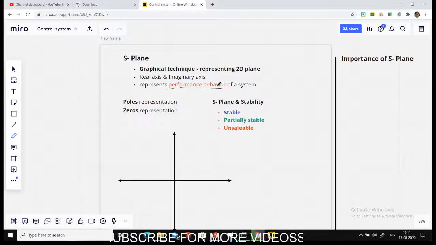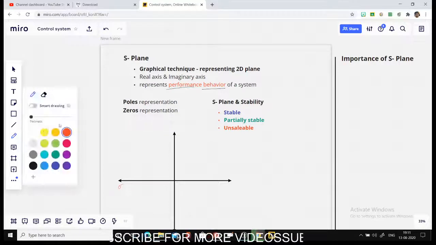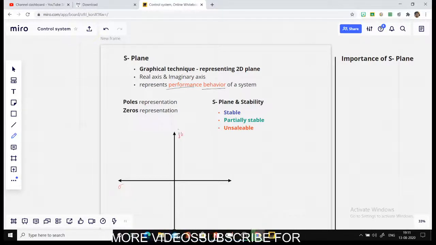Okay, so S-plane basically has two axes. We will just plot that. The real axis is called sigma, and the imaginary axis, the vertical axis, is called j omega. Sigma and j omega. And like any normal 2D plane, this is the negative side.